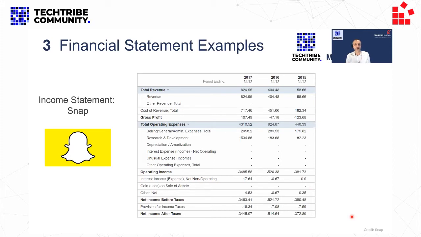And hopefully you'll start recognizing these. They might look complicated initially, but once you know what to start looking for, you'll pick up easily those headline items that should be in an income statement, a balance sheet, and a cash flow statement.